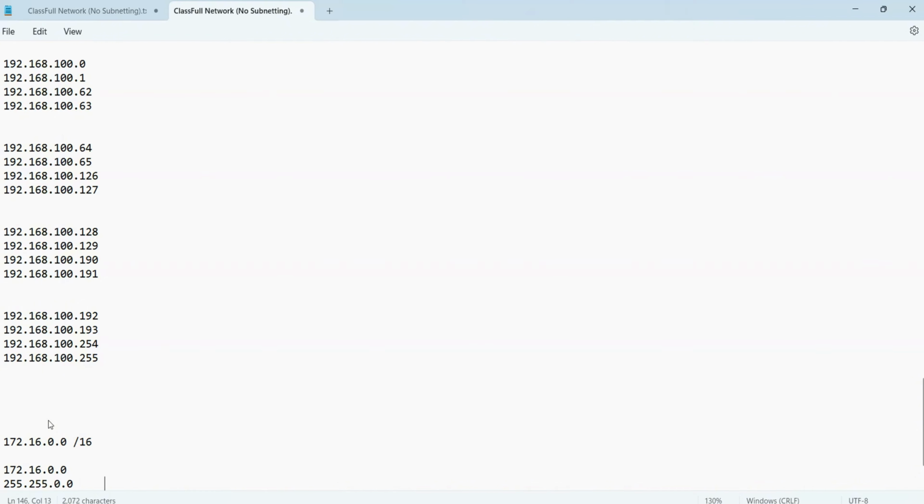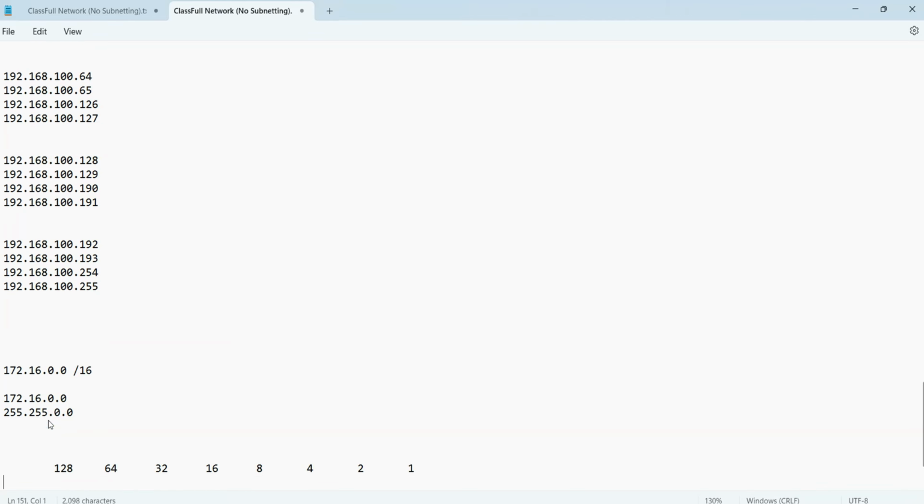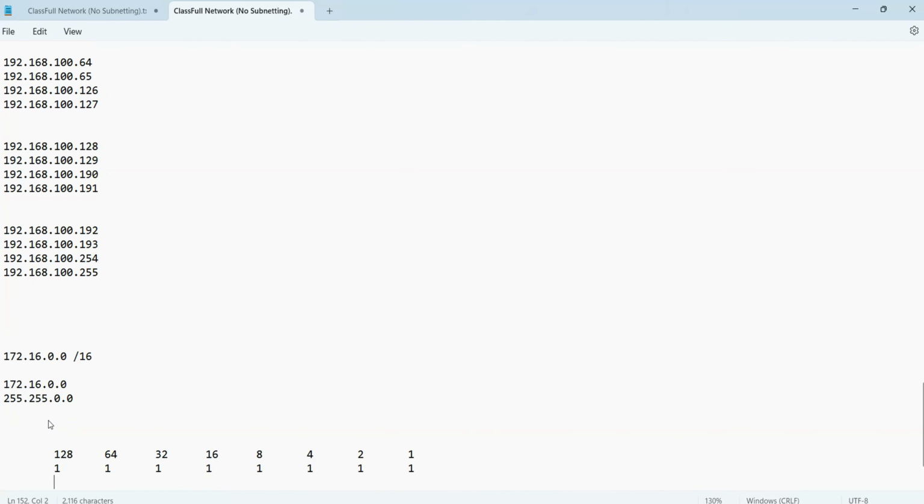Let me put the actual binaries. Remember, we always need this. Without this, you cannot do anything. Of course, 11111111, and then 00000000. So this is all ones, this is all zeros. That's why I have a slash 16.